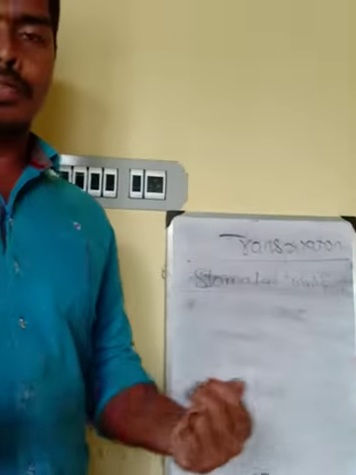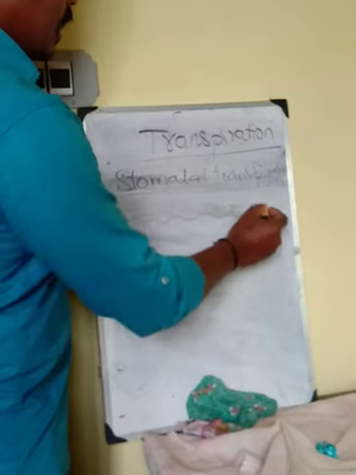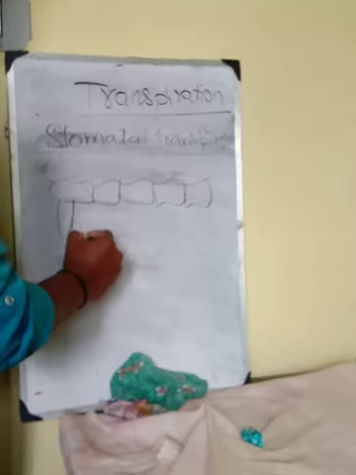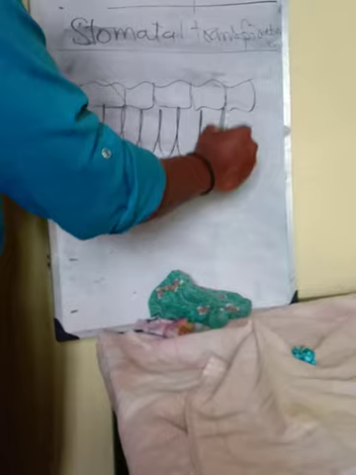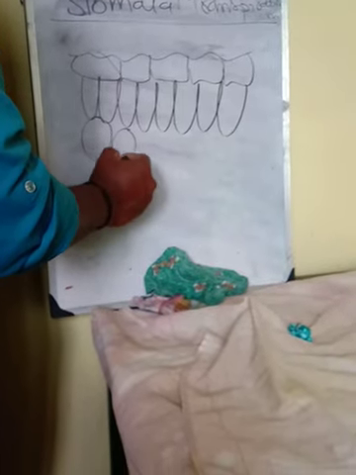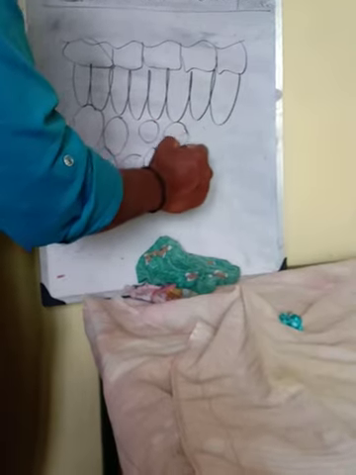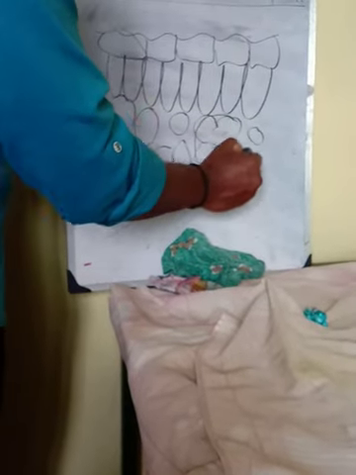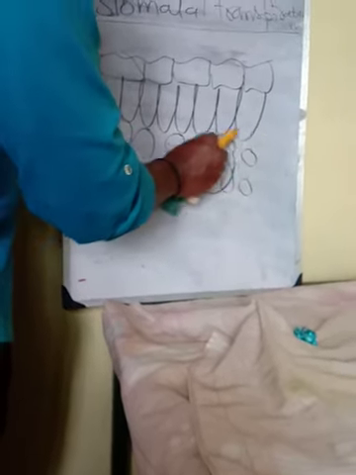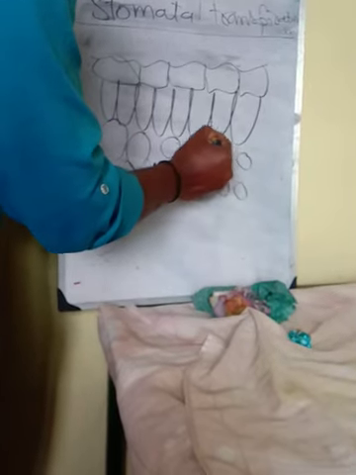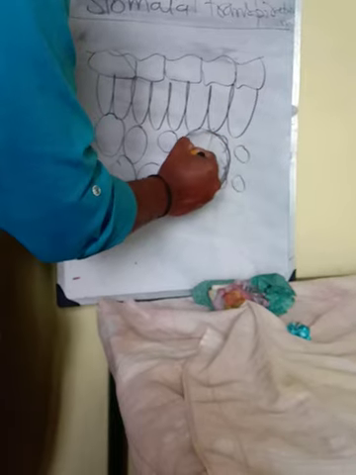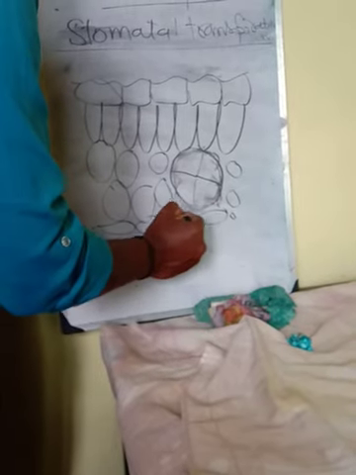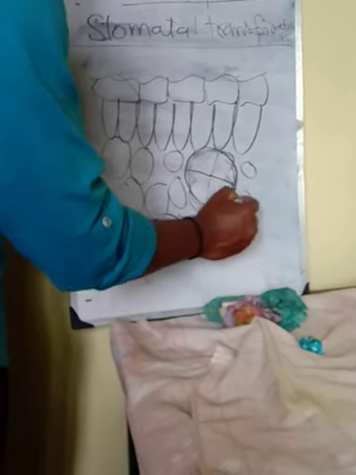So I will draw the structure of the cell for your explanation. The cells will be arranged like this.